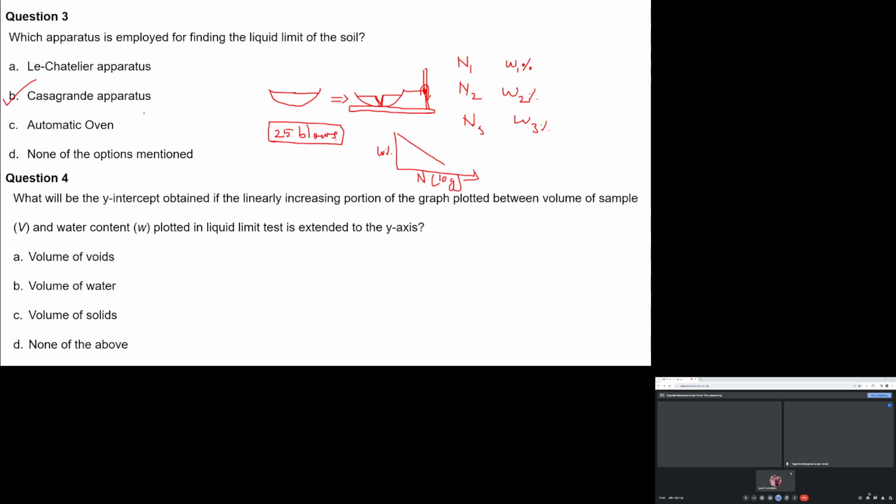Now moving to question 4. What will be the y-intercept obtained if the linearly increasing portion of the graph plotted between volume of the sample V and water content in a liquid limit test is extended to the y-axis?